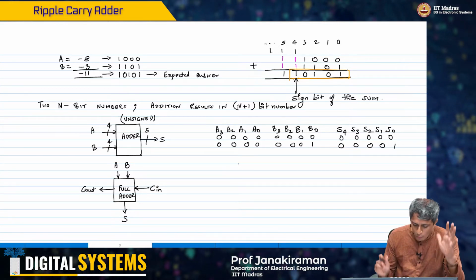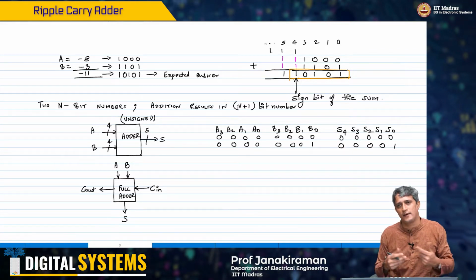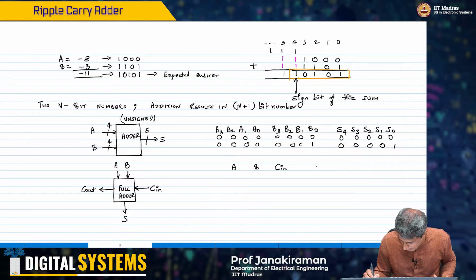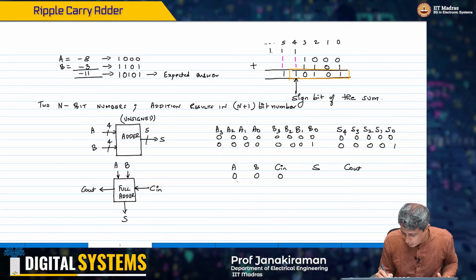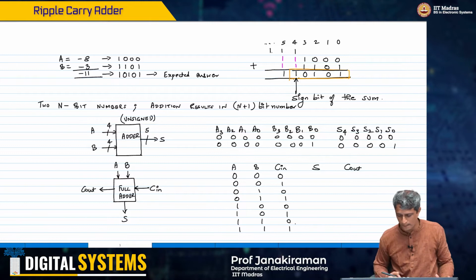Now we are in comfortable space because we have only 3 inputs and 2 outputs. We have A, B and C in, then sum and C out as the outputs. Now I can enumerate all possible combinations, up to 1 1 0 and 1 1 1.